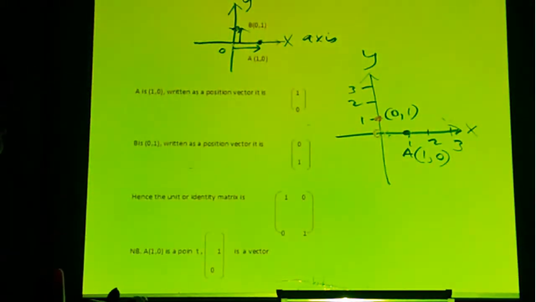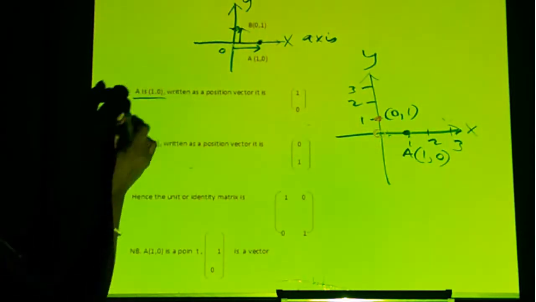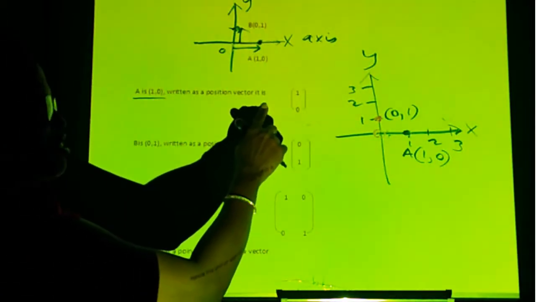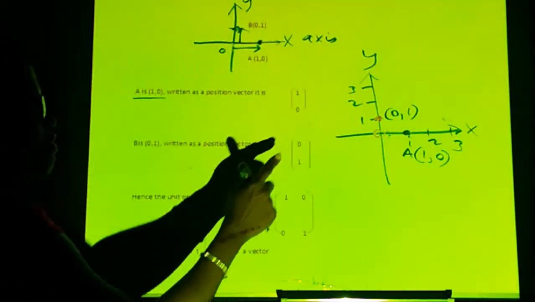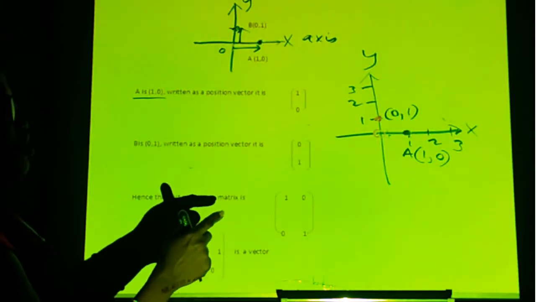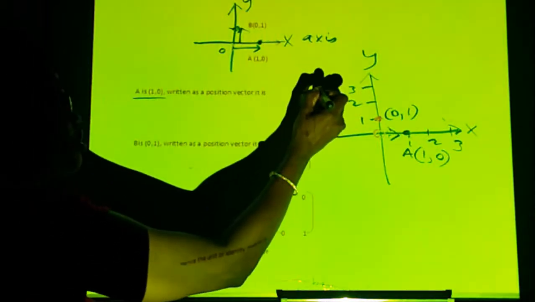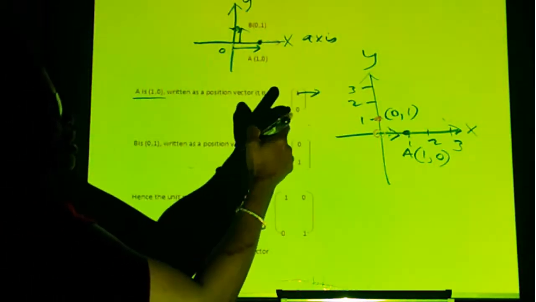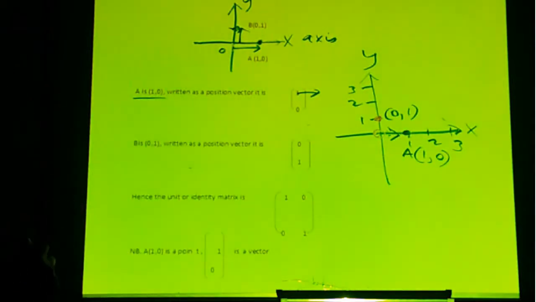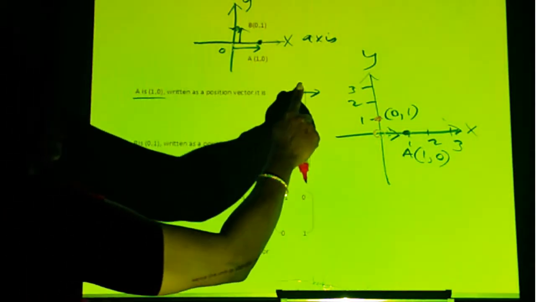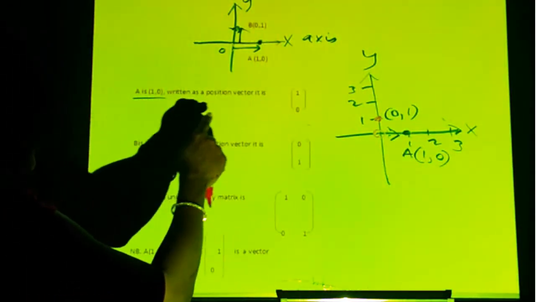Now don't be confused. A is (1, 0), but written as a position vector, which just tells you how to move in a specified direction. A is moving one place to the right, and one place to the right is just where we're going to end up, at (1, 0). The column tells me how to move.